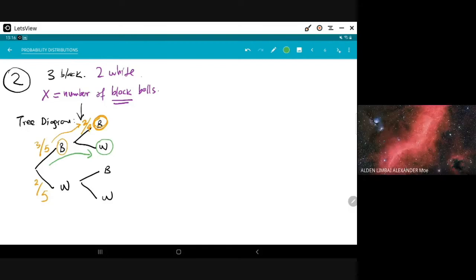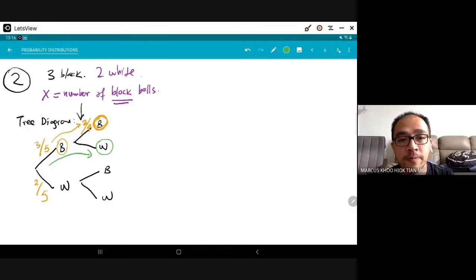Second round. I have already taken out this path. I took the black ball first. 1/2. Yes, 2/4, or 1/2 also can. Because there are 2 white balls and then there are 4 balls in this one.